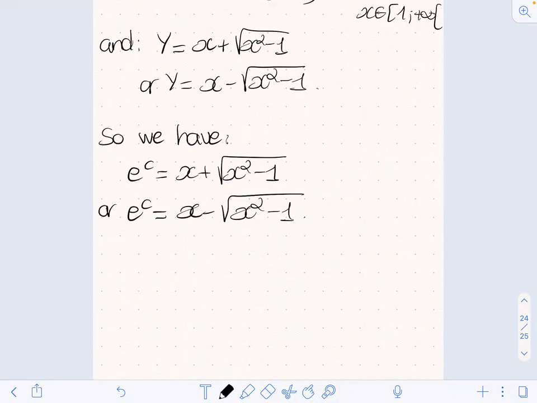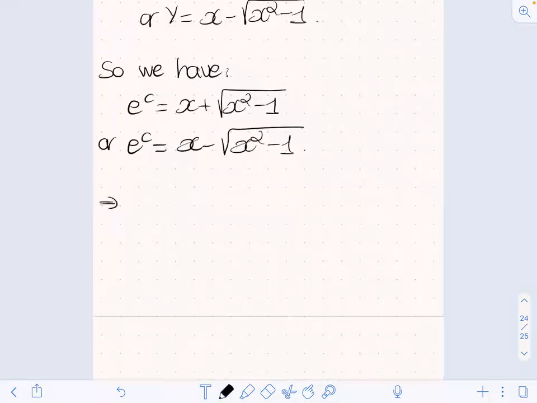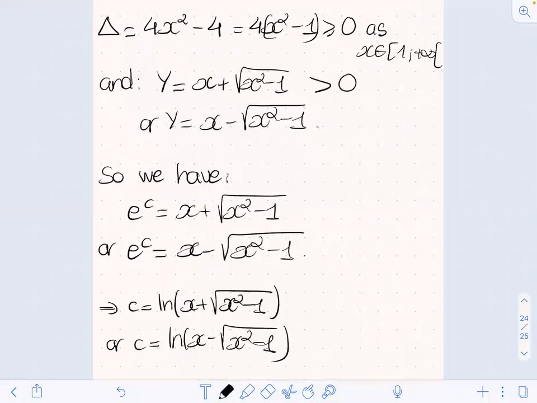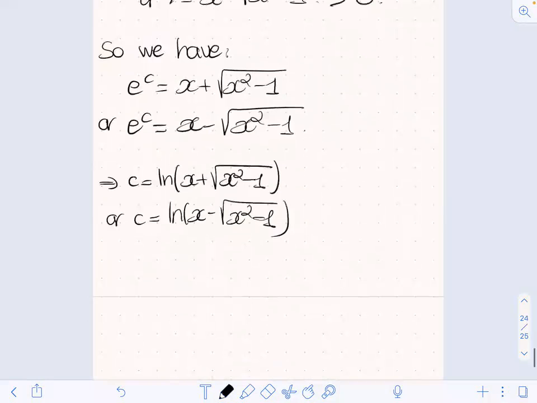So we can press forward a bit, and we get c equal to the logarithm of x plus the square root of x squared minus 1, or c equal to the logarithm of x minus the square root of x squared minus 1, because this is positive, and this is positive too. But we need to make a choice between the two values. So, do you have any idea about how we can do that?